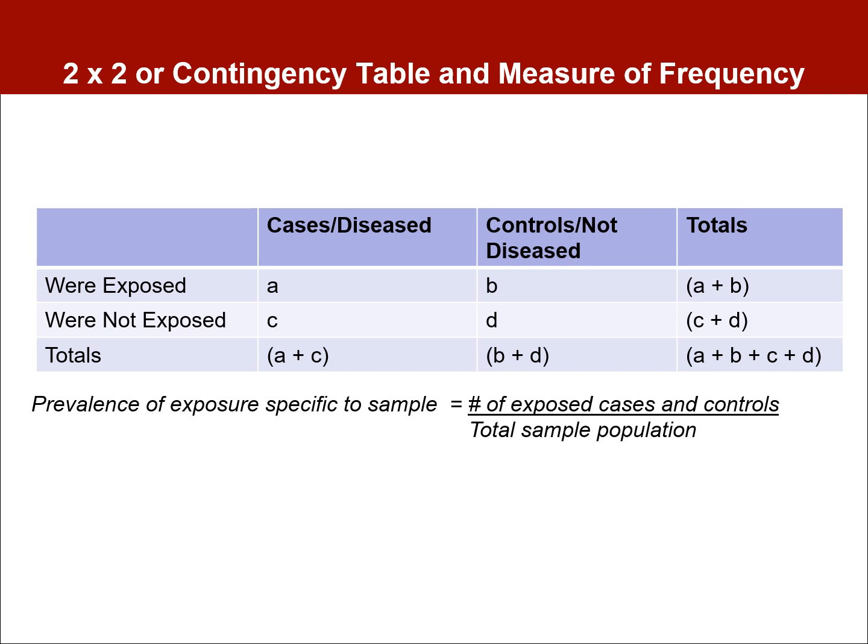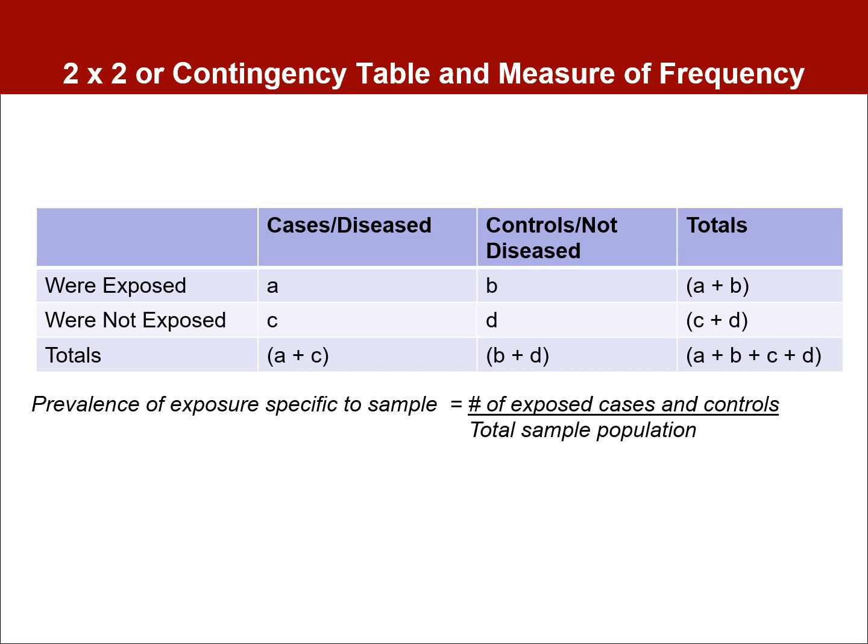For most of our analytic study designs, as they become more rigorous, we use what we call a 2x2 or contingency table to help us set up our data in a way that we can actually estimate these measures.